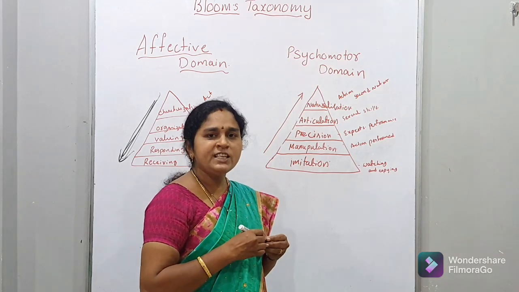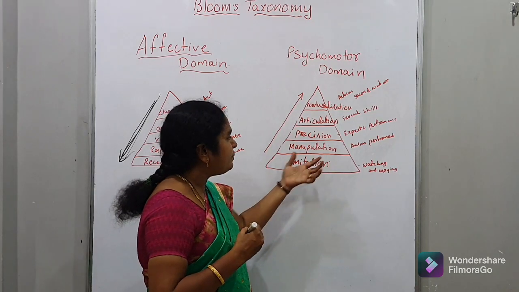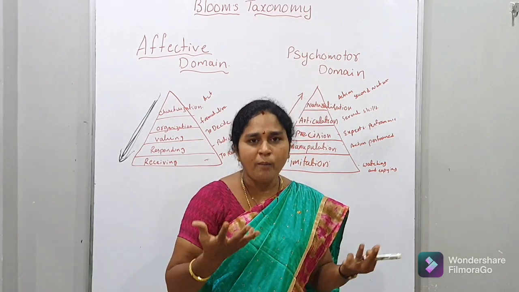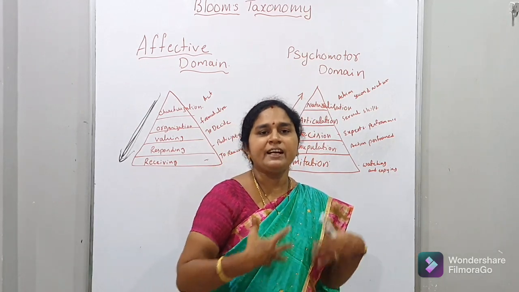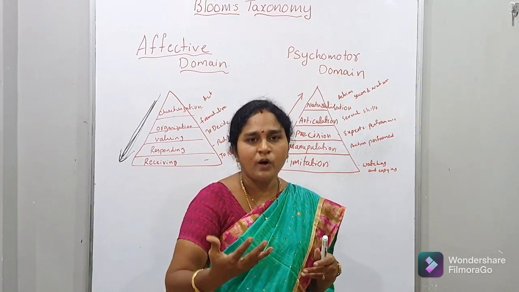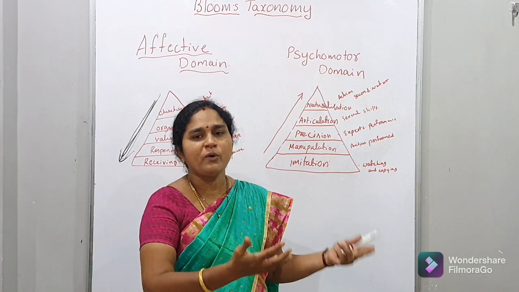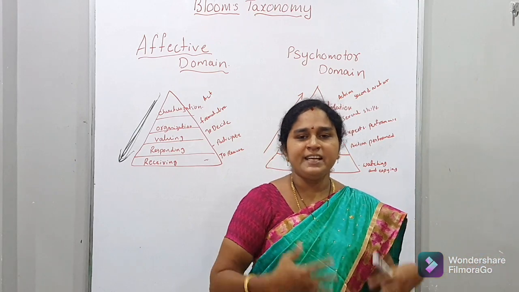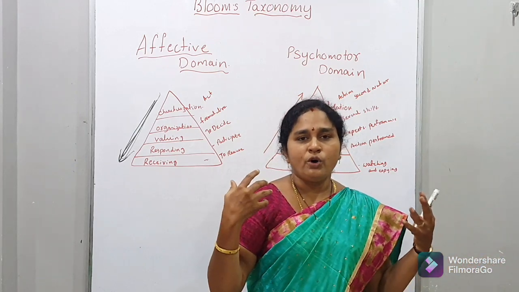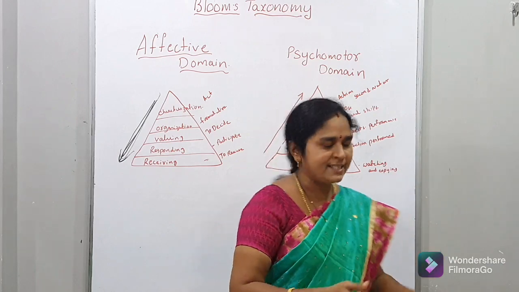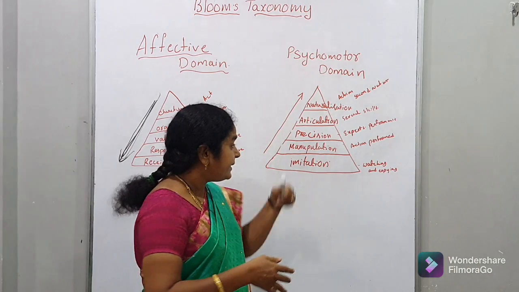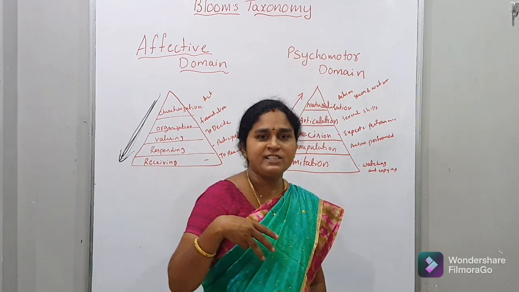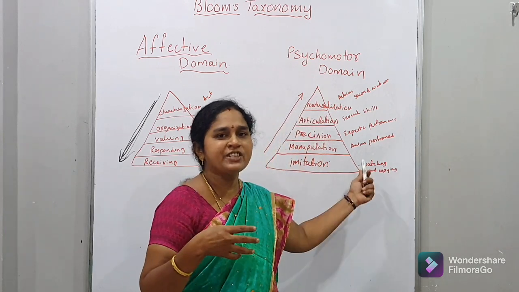Manipulation means action performed: we learn something and then do it. In the first class we learn about seminars, and then perform a workshop, a quiz, models and charts. In the first class we watch and copy; in the next class, manipulation, we take action and design the charts and models. That is action performed.